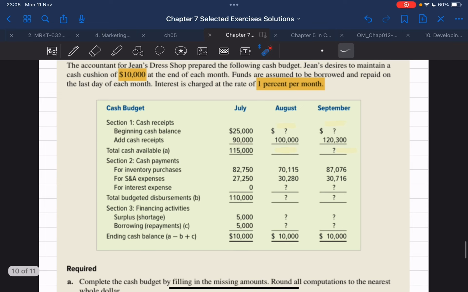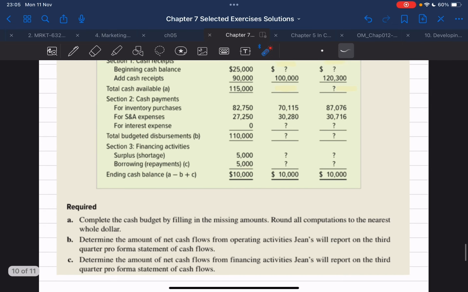Okay, and then we have the cash budget laid out for us right here for the 3 months, July, August, and September. And as you can see, all the numbers for July are available, but for August and September, we do have some missing amounts. So let's look at what's required here.